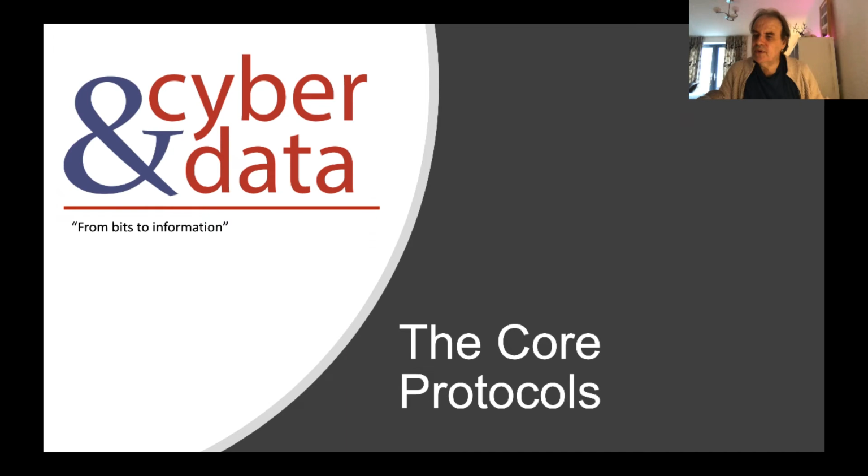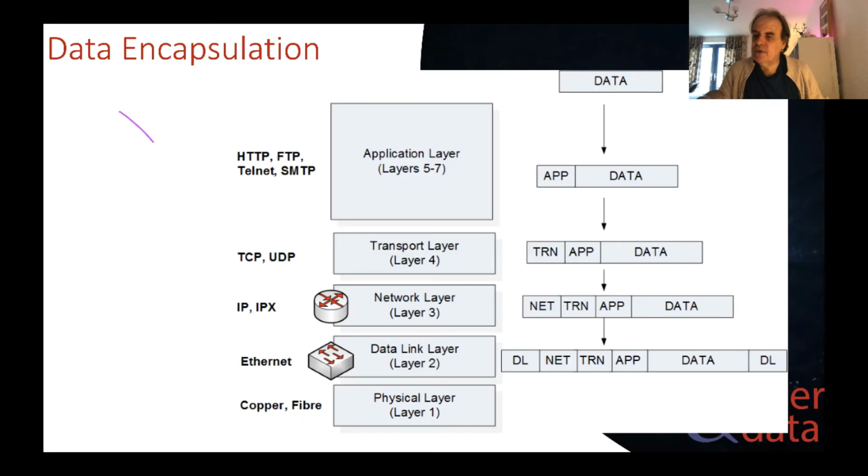Let's look at the core protocols involved. Now, overall, we have a layered approach to building our networks. This makes it easier for us to interchange hardware and software. So at the lowest layer we have the physical layer, which is obviously copper or increasingly fiber optic cables.